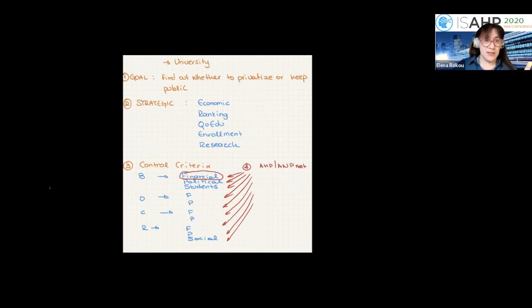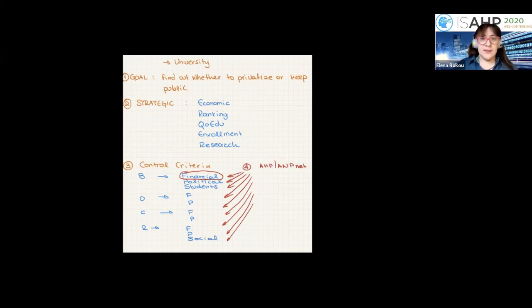And this will give me a set of criteria. And what are the financial benefits that I'm expecting to receive if I privatize the university? And the third thing that I need in that network, what are the factors that will help me decide which of these two options is better?